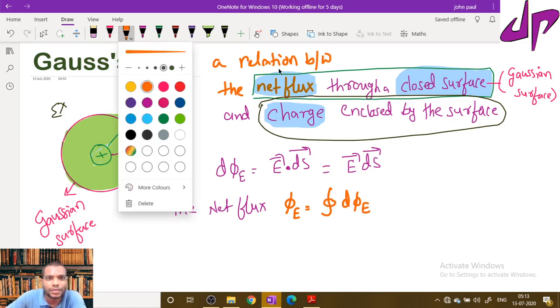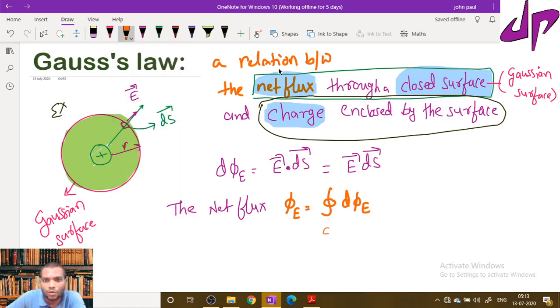The circle over the integration symbol represents a closed integral. We do the integration as a closed integral because the surface itself is a closed surface: E dot dS.